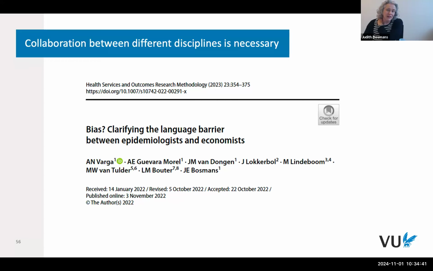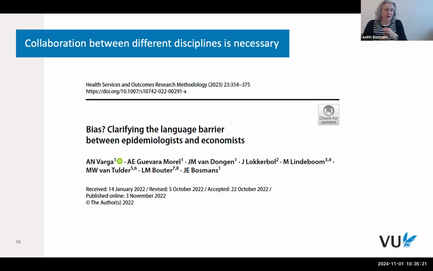And finally, like I just said, it's also very important to work between different disciplines. In the project that the papers came from that I briefly touched upon just now, we worked with epidemiologists and econometricians, and we realized that there's a huge gap in the language that we use in both disciplines, but that we really need both disciplines to make progress in the analysis of real world data.